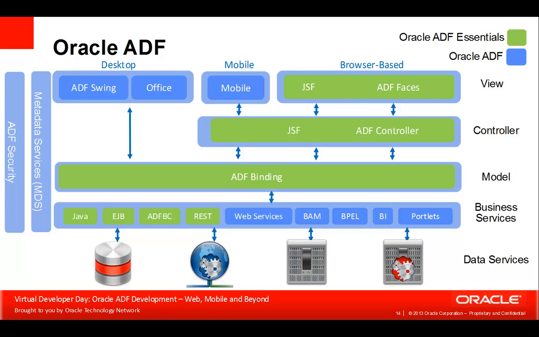So if we had the SOA suite licensed, it's more than likely that we've got licensing available for the full ADF stack itself, and not having to really worry about making use of a free to deploy stack like the Essentials stack.